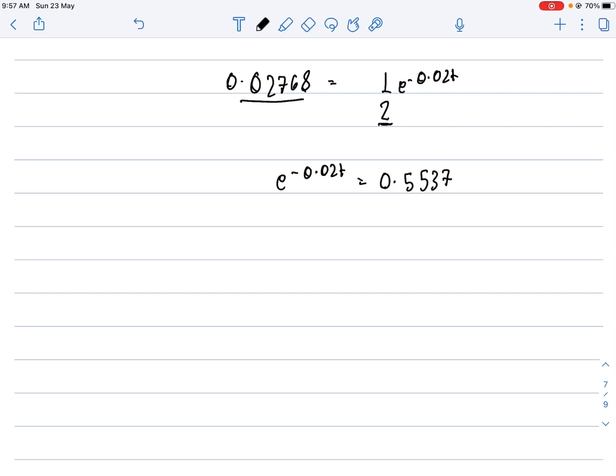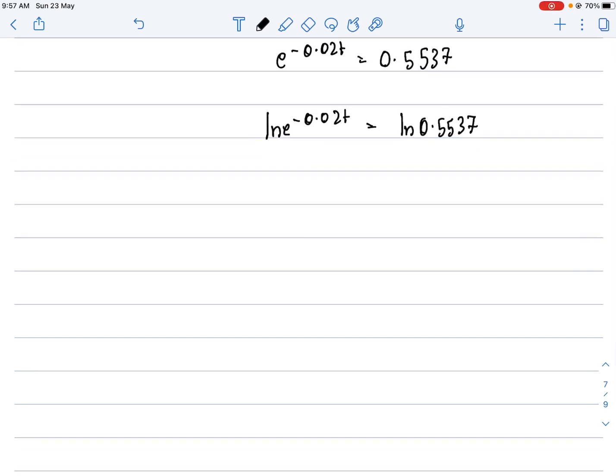0.5537. So now I can write ln e raised to minus 0.02t equals ln 0.5537. I know a log property which states that log of a raised to b can be written as b log a. Using this log property, I can write minus 0.02t with ln e equals ln 0.5537.